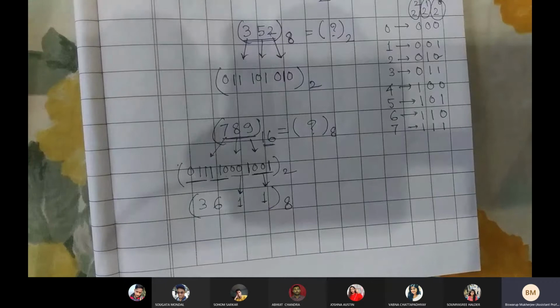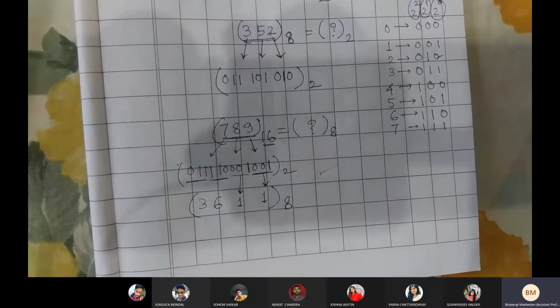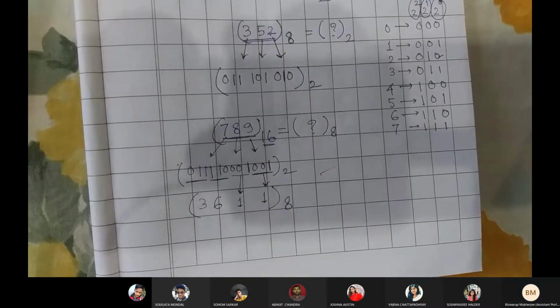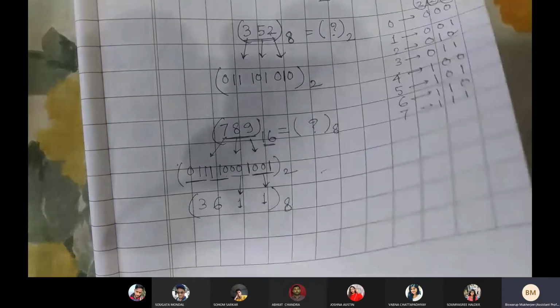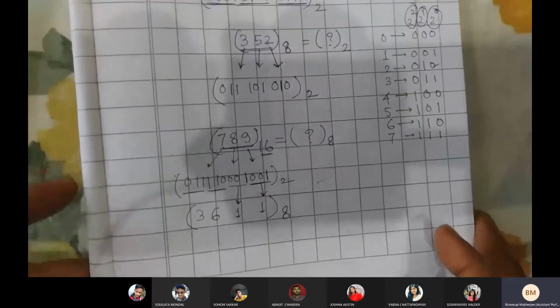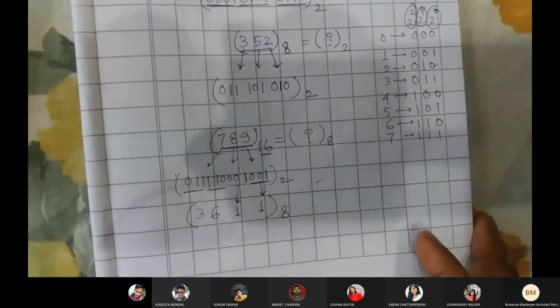If you are not being directly asked to go for the conventional process, you can go for any other non-conventional process, or you can simply use your calculators to find the corresponding octal or hexadecimal number. Am I clear on this one? Yes, sir. Okay.